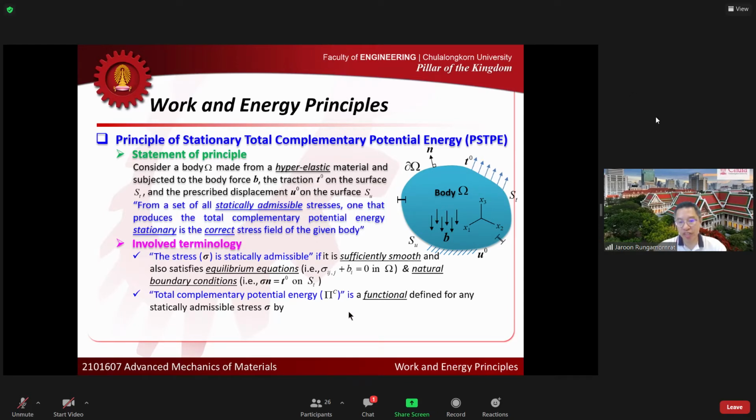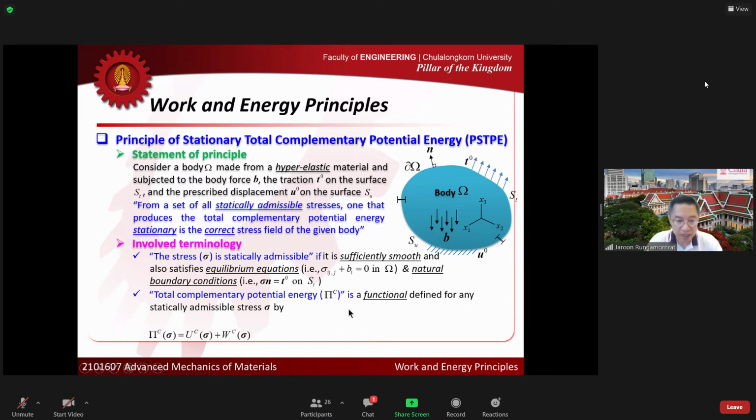Complementary potential energy is defined in the same way as we did for the total potential energy. We define this quantity in terms of a statically admissible stress field.